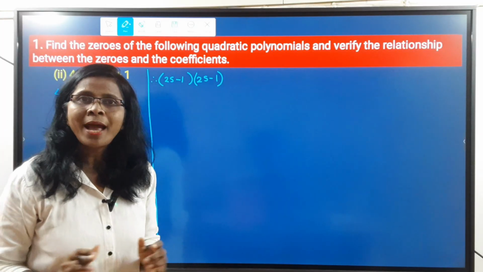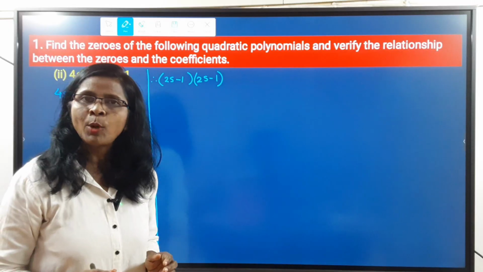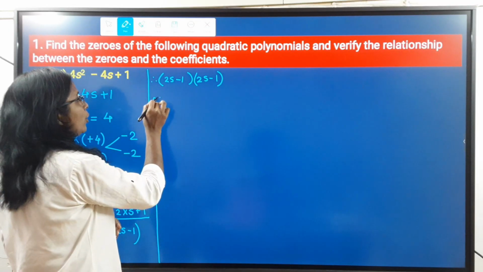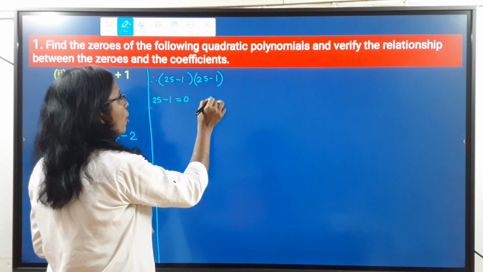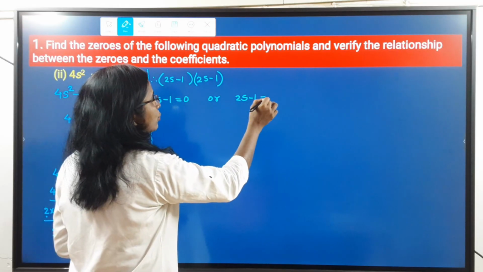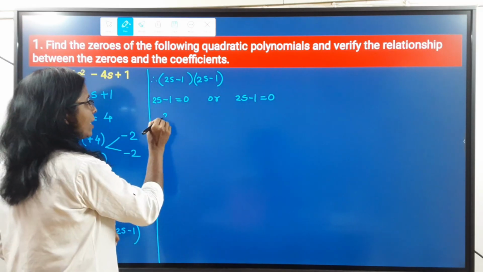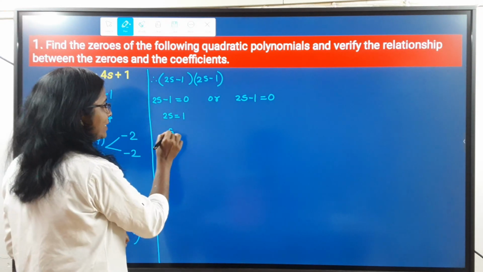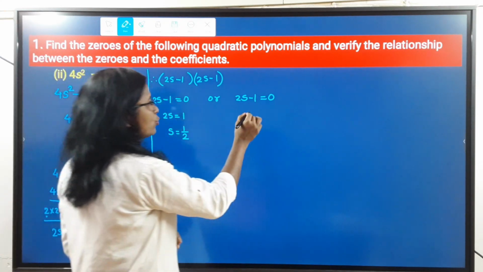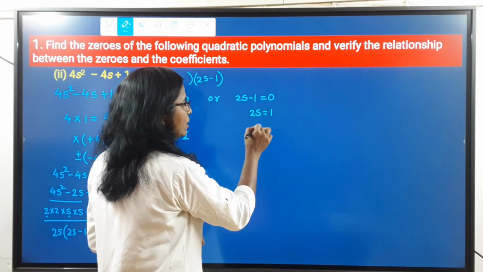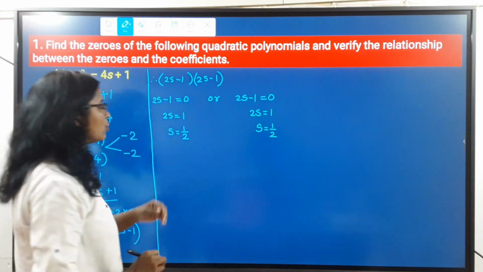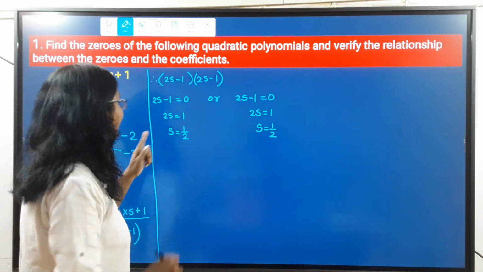Now students, we have to find the zeros of the quadratic polynomial. So we say 2s minus 1 is equal to 0, or 2s minus 1 is equal to 0. Okay, the first bracket is equal to 0, the second bracket is equal to 0. So 2s is equal to 1, so s is equal to 1 upon 2. Here also, 2s is equal to 1, s is equal to 1 upon 2. Okay students, so this s means alpha.